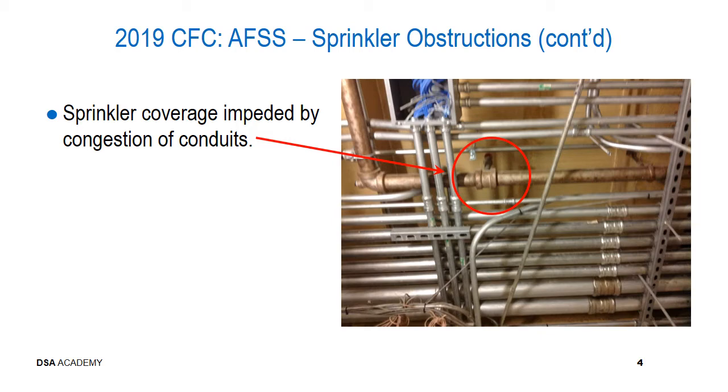The proximity of these multiple conduits to each other in relation to the sprinkler deflector creates the impediment to the sprinkler spray pattern. So, not all obstructions are going to be clear and solid. PI needs to be aware of other conditions that may obstruct the spray pattern.